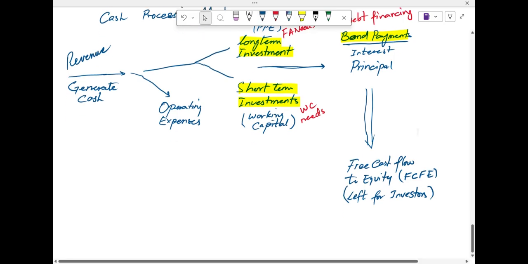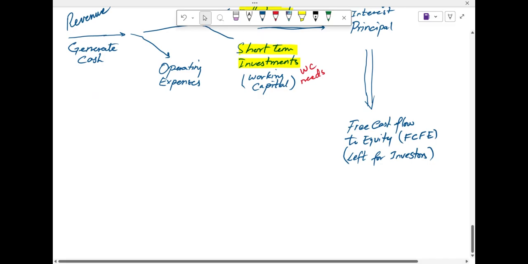The directors will have to make a choice. They can pay dividends to shareholders. They can use that free cash flow to buy back the shares. So I'm going to make a note here.